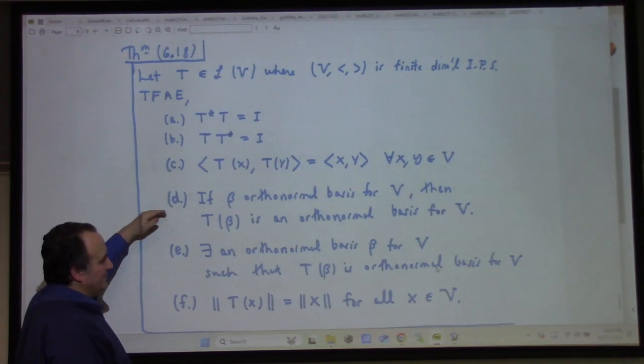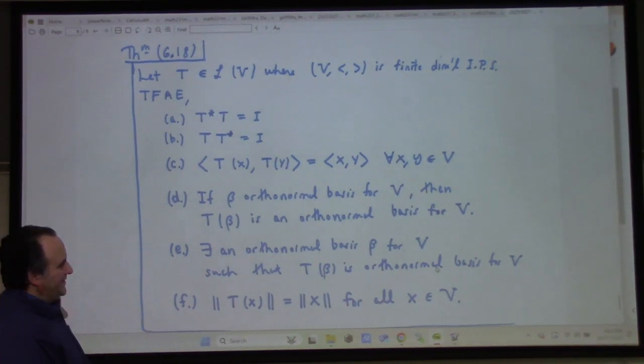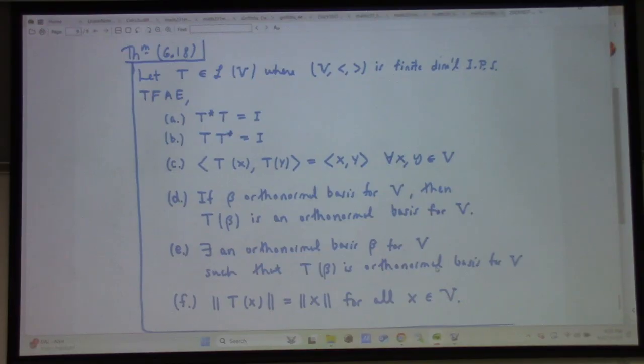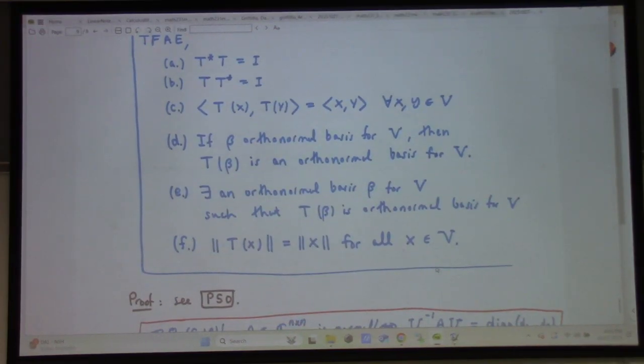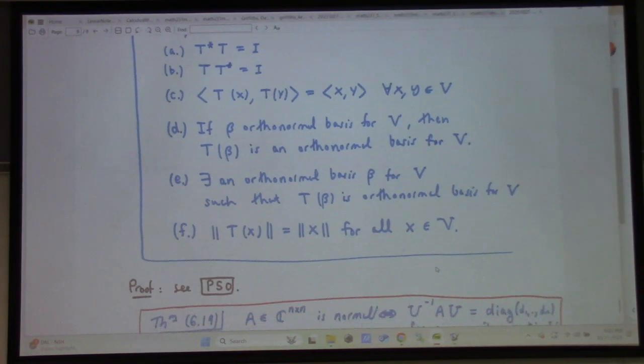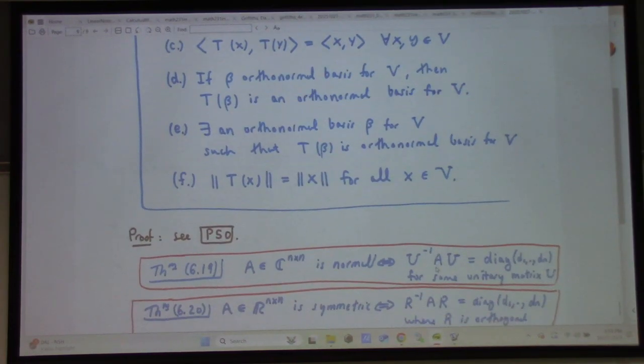If you look in the book, maybe I've missed a word or something. It feels like the same thing to me, but anyway. And then of course the length is preserved under T. That is your problem 50. Don't be afraid of this problem. It's actually not much more difficult than the proofs we just looked through. You can do this one. It's not bad. Don't be scared of it, despite its many parts.